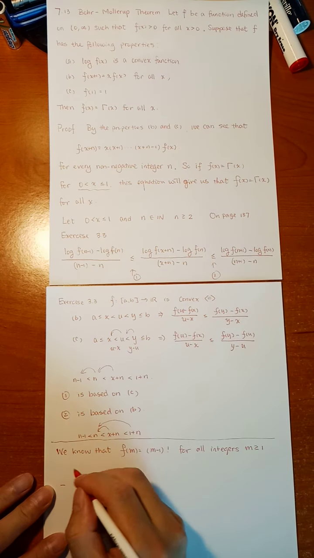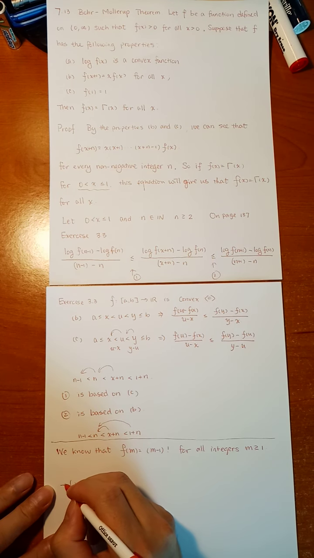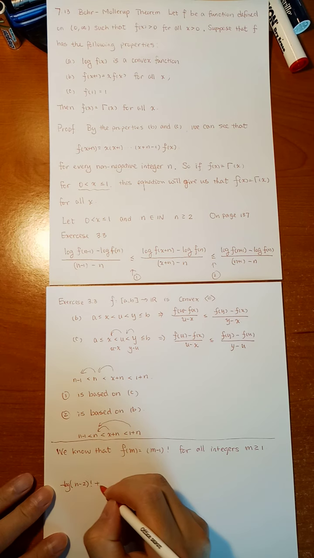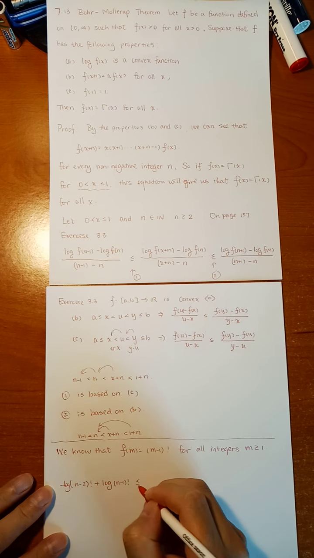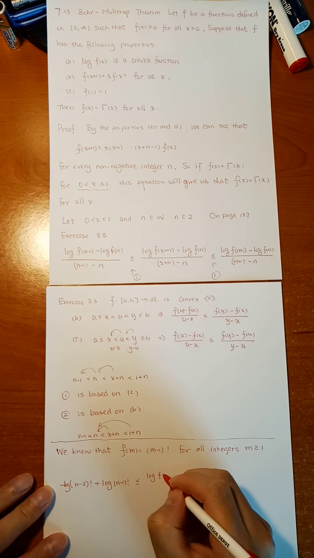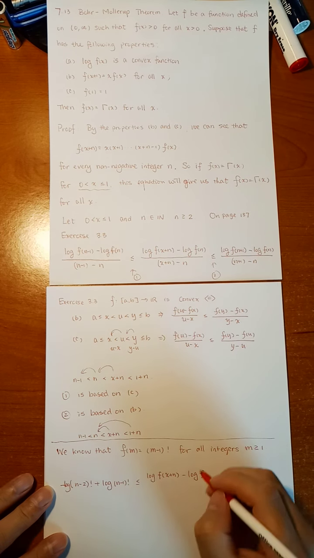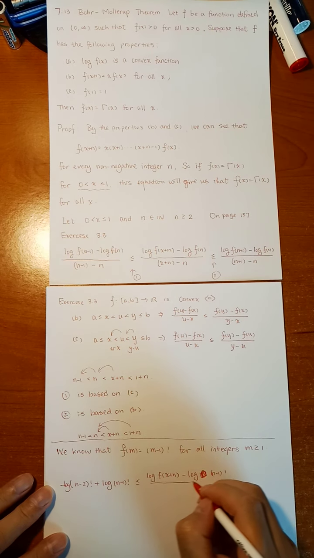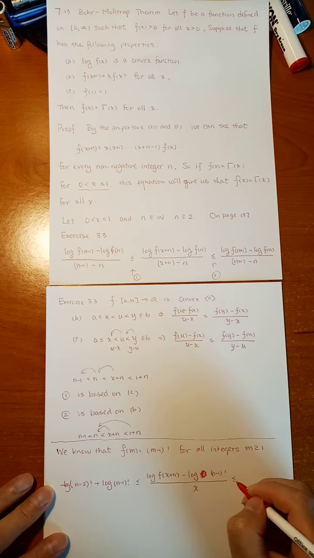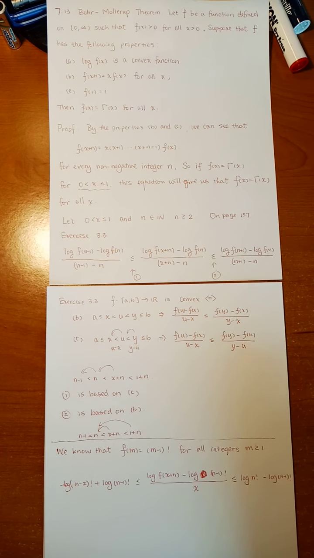We will get negative natural log n minus 2 factorial plus natural log n minus 1 factorial less than or equal to log f of x plus n minus log f of n. f of n is n minus 1 factorial, over x, less than or equal to log n factorial minus log n minus 1 factorial.